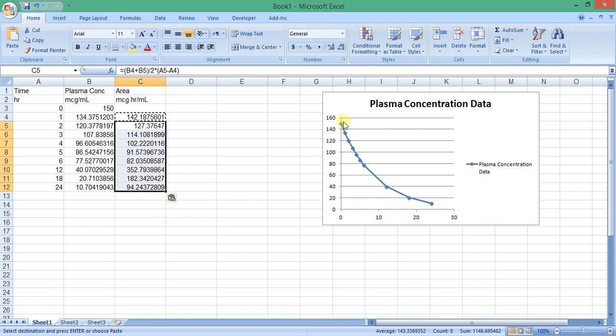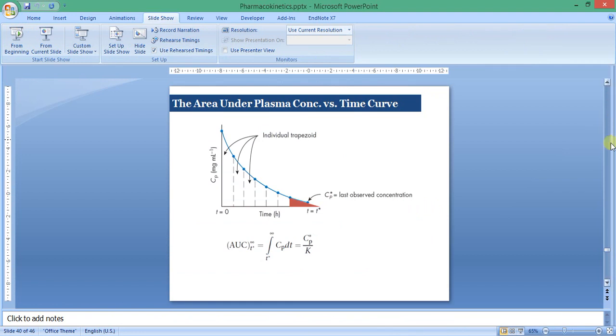So these areas are the areas under the curve for the part of the curve ending with the last point. To calculate the area of the part following this last point, as explained in the lecture, the area equals the last observed concentration divided by the elimination rate constant.